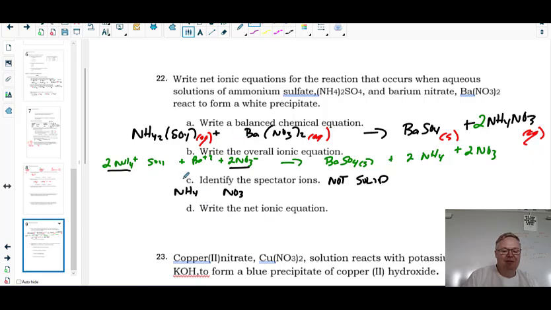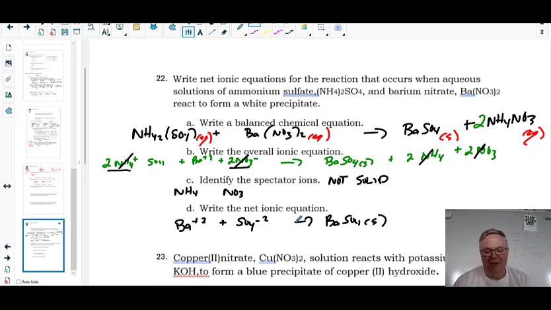The net ionic is just going to be the stuff that we did not cancel. So if I cancel this and this and this and this, that would be our net ionic reaction. I'm just going to write it in the same order. Barium +2 plus sulfate -2 becomes barium sulfate solid. And that would be how you do the net ionic equation.